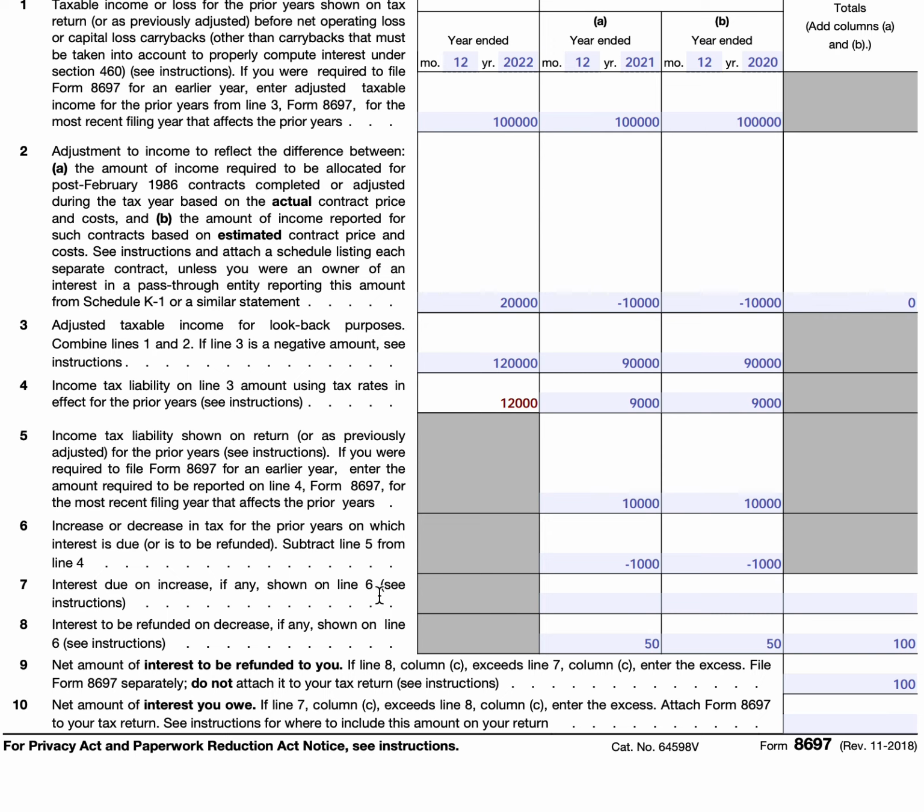Now, you may end up completing line 7 and line 8, but for each individual column, you're going to only complete one. So because both of these were decreases in tax responsibility, they ended up becoming refunds. I used a 5% interest rate, but you're actually going to have to go back into the IRS website.